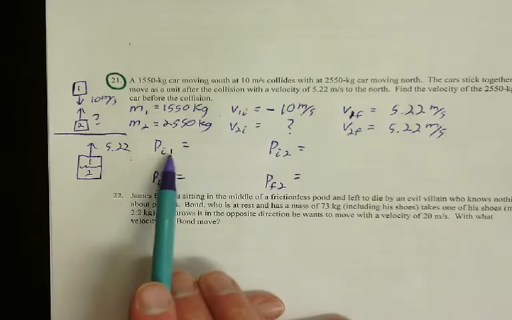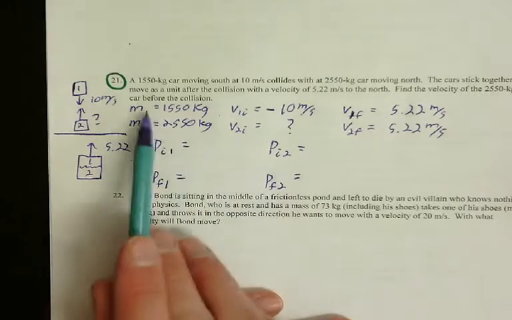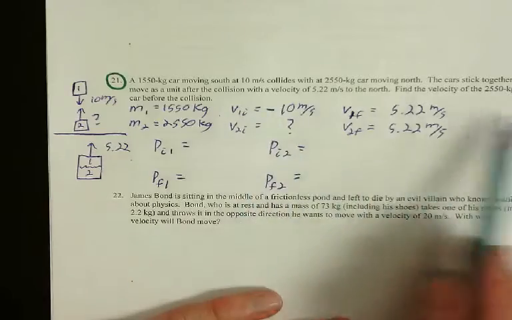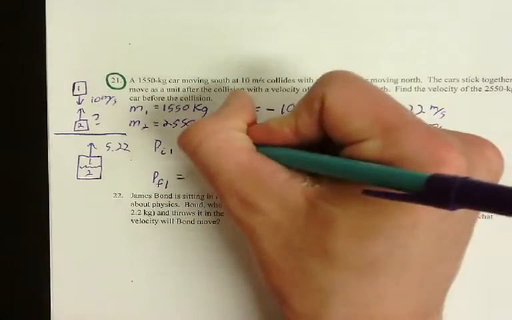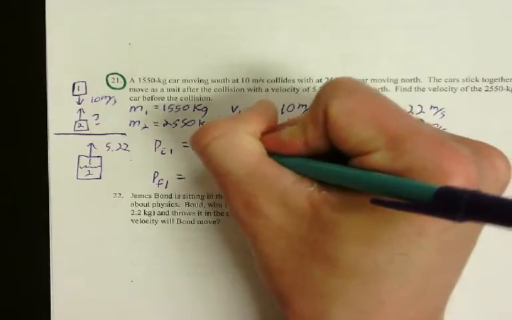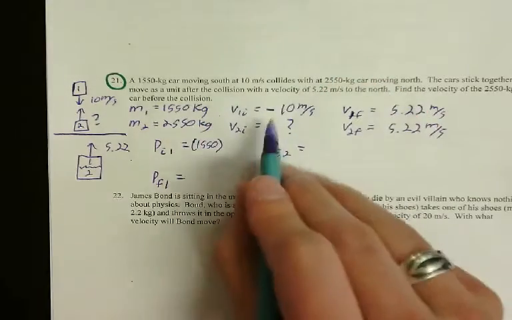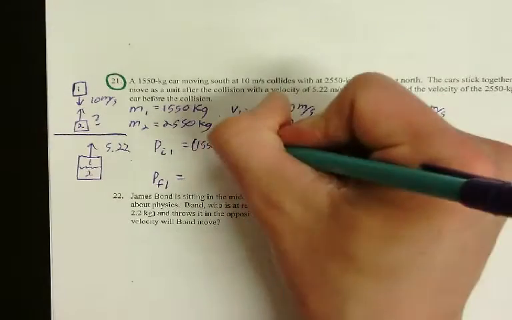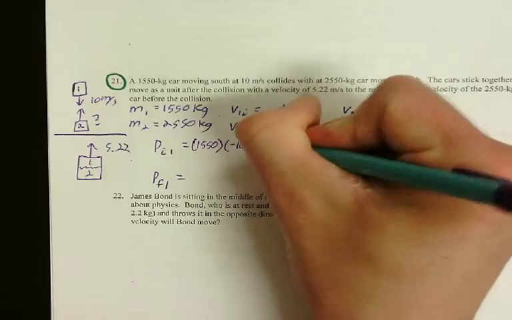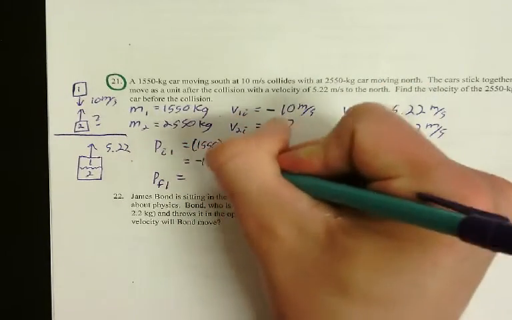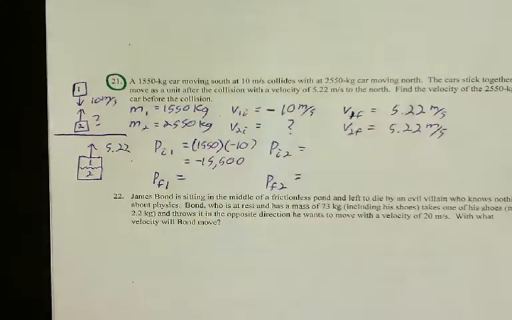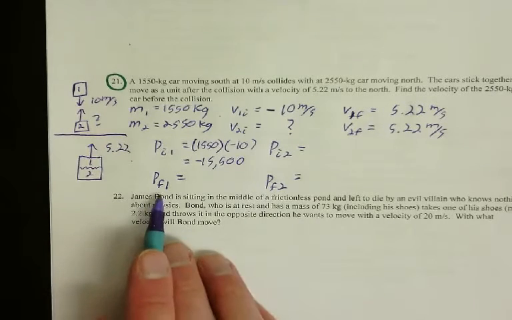So if I'm doing initial 1, I use all of the ones, so these three, and I only use the initial values. Well, mass never changes, so it's 1550. And the initial velocity of 1 is negative 10. So this would have a momentum of negative 15,500. Okay, final of 1.